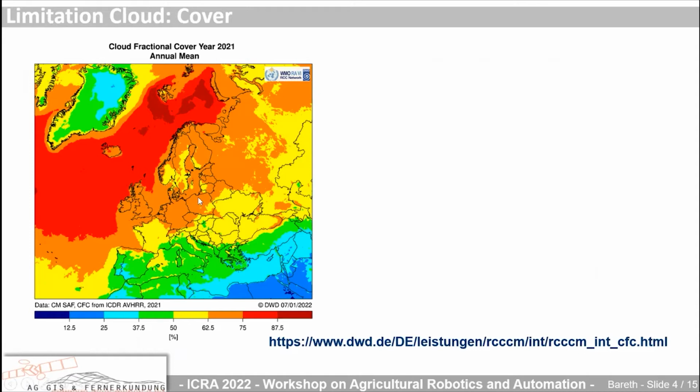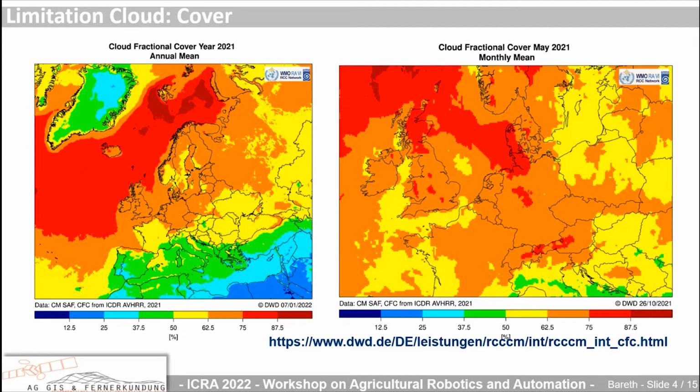You see here in the middle somewhere there's Germany, and we are in a class of 62.5 to 75% cloud cover on average in the year. If we even look at 1 month, you see here again, it's not better, and May is an important month for field crop monitoring, and it's very difficult to get nice clear sky conditions with low winds.